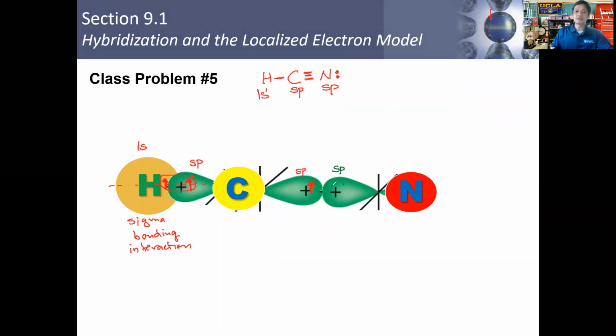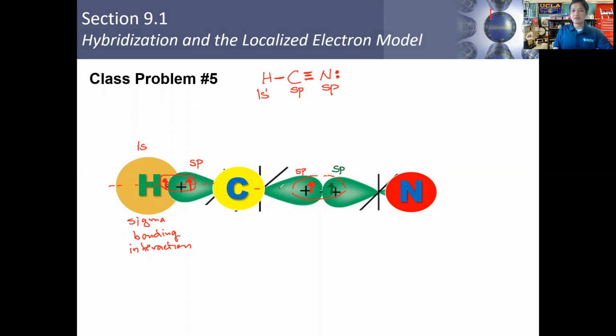Nitrogen will have its electron in there, so it's going to put one electron there. And so there we have an overlap. The overlap between those two electrons within this hybridization forms one of the bonds of that triple bond.